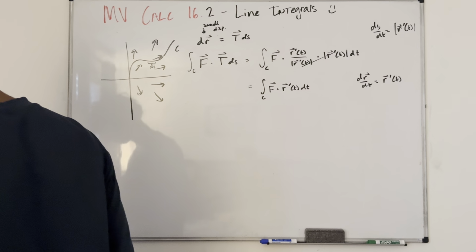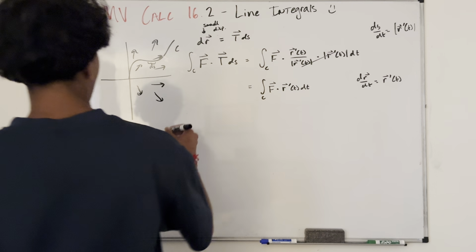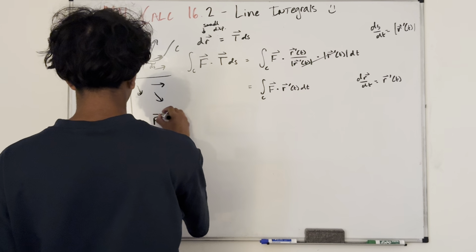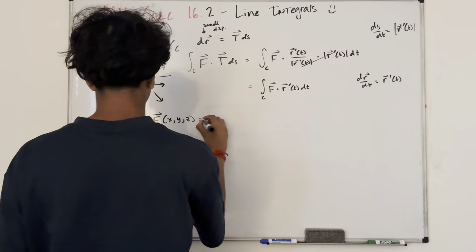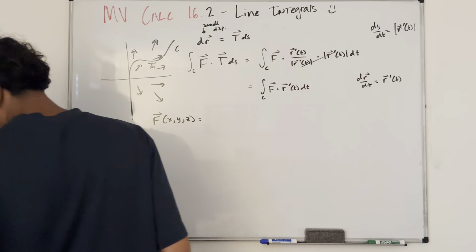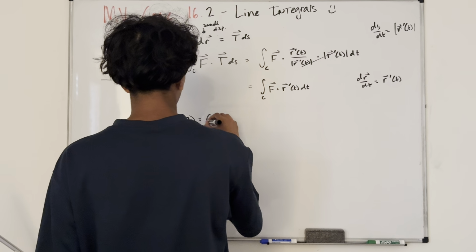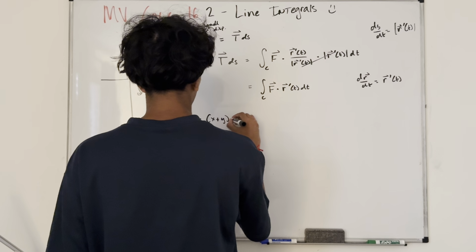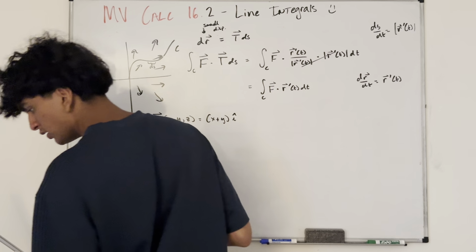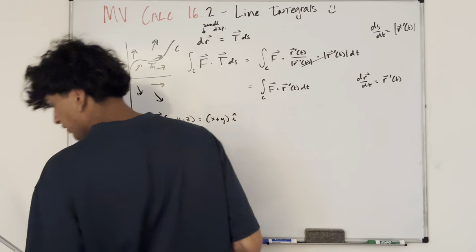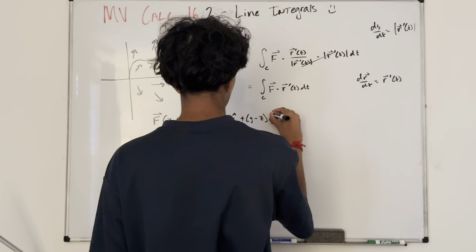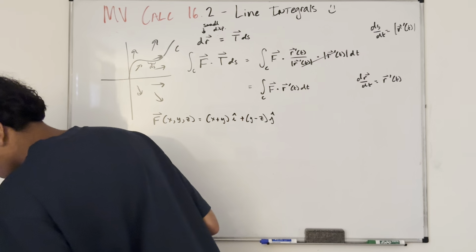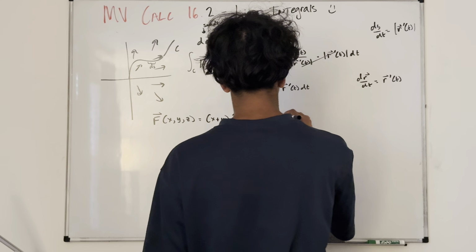So let's say we know that F of x, y, z, so this is like a field in 3D, is equal to x i plus y minus z j plus z squared k.